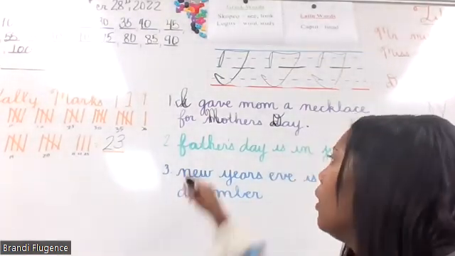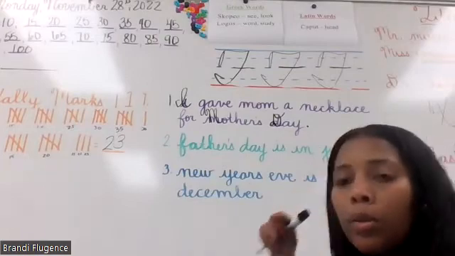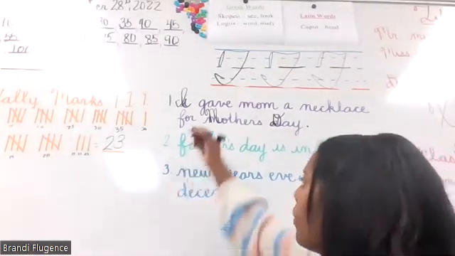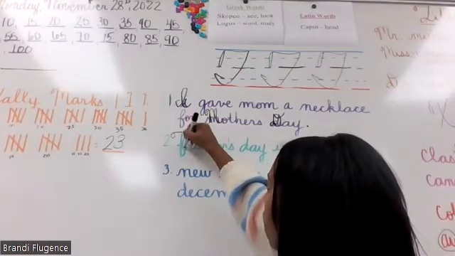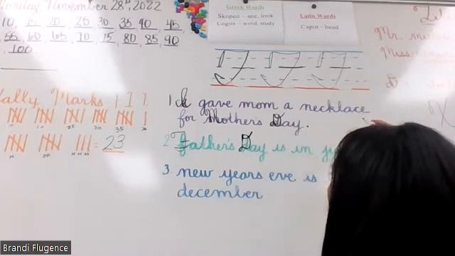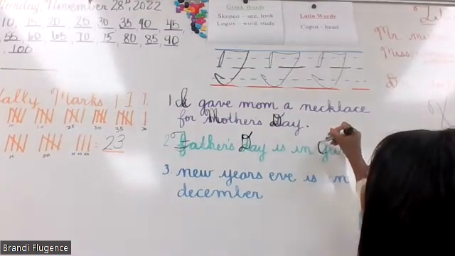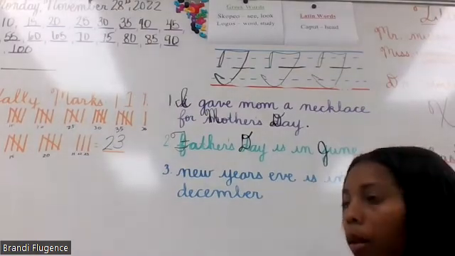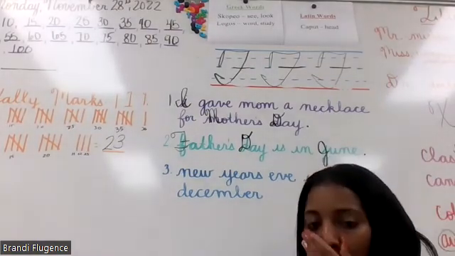Okay. Father's Day is in June. Okay, Cairo. Capitalize the F in Father. Capitalize the D in Day. Capitalize the J in June. Period at the end. Okay, number 3, Micah.